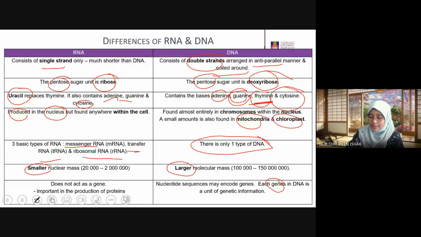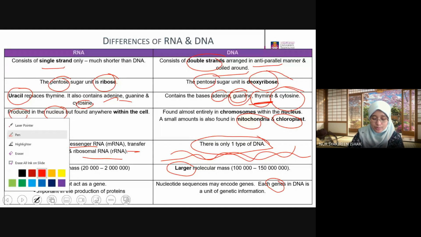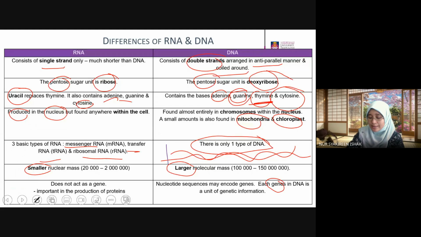For example, let's say we have a large molecule of DNA. This large molecule of DNA can be divided into several regions, and each region we call a gene. Each of these genes will code for the synthesis of a specific protein. Let's say gene 1 codes for the synthesis of enzyme 1, and the third gene synthesizes enzyme 3.